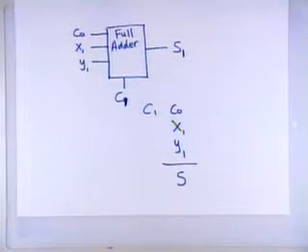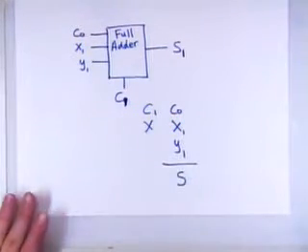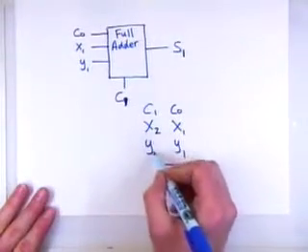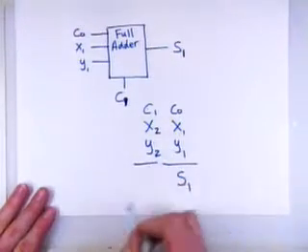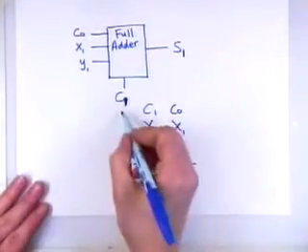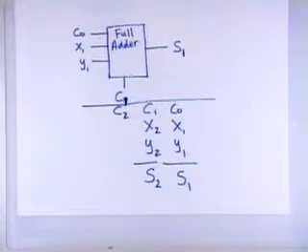So in the next column, I should have some more bits. The top row's x's, right? So this should be x what? X2, just anything besides x1, right? Because it's a different variable. And this will be y2, and that was s1. So this is going to be s2 as the result of that. And then we're going to have C2 as the carry.